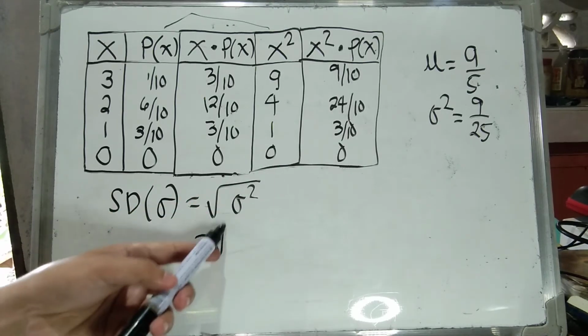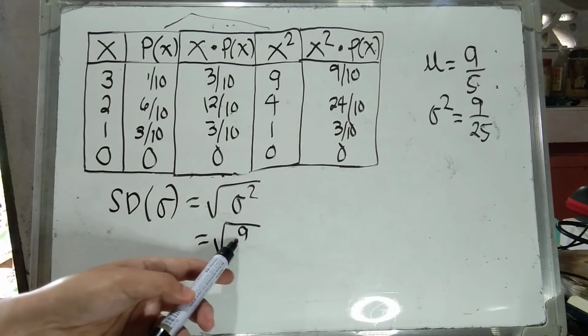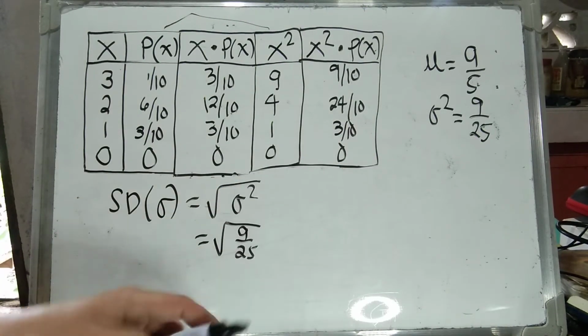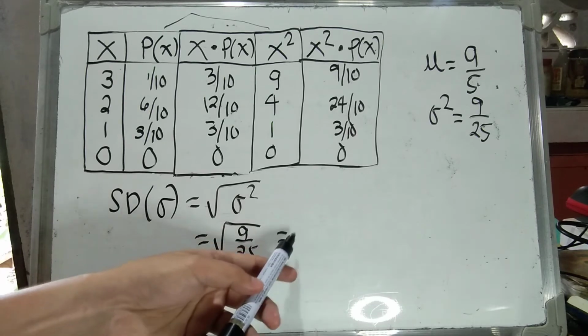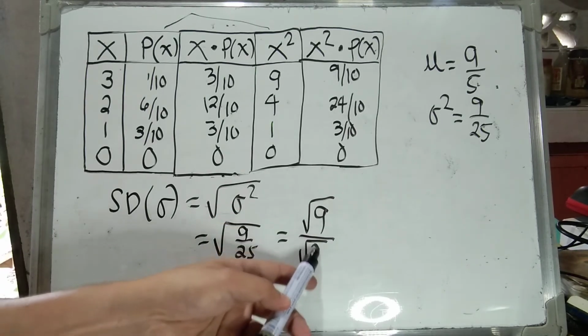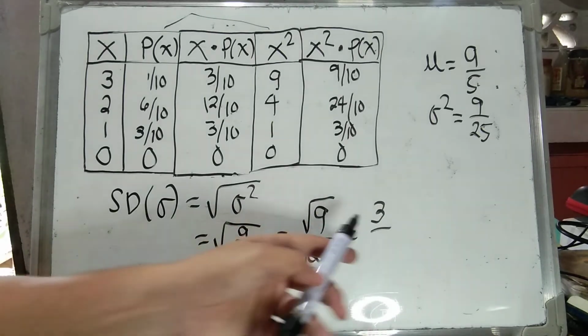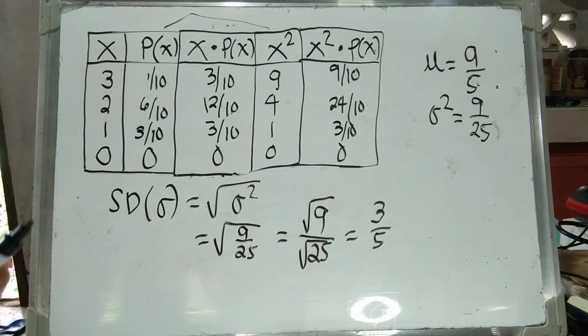Our variance, sigma squared, is 9 over 25, so our radicand is 9 over 25. According to the rule, you can give square root to the numerator and to the denominator. Square root of 9 is 3, square root of 25 is 5. So basically 3 over 5.